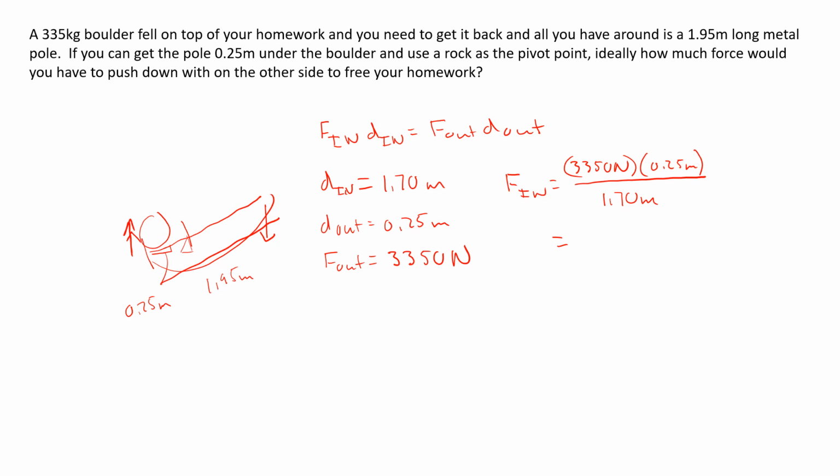So 3,350 times 0.25 divided by 1.7 means that ideally we should only have to push with 493 newtons on that pole to raise up that 335 kilogram boulder. Okay, no idea if that would actually work, but ideally that would be the case if this pole could hold. So hopefully those two problems make sense.